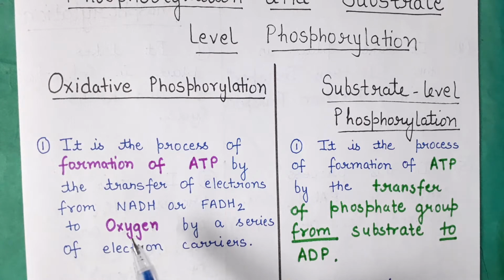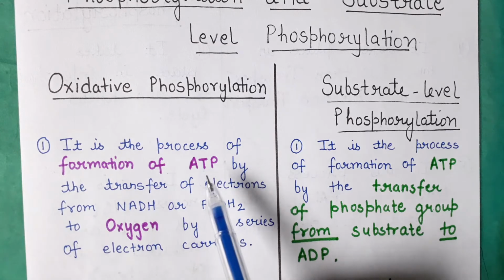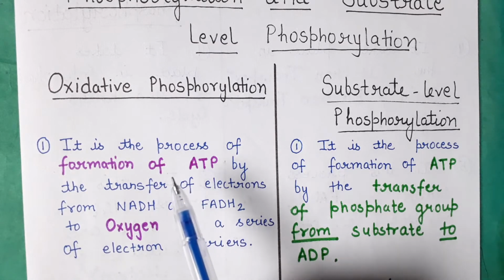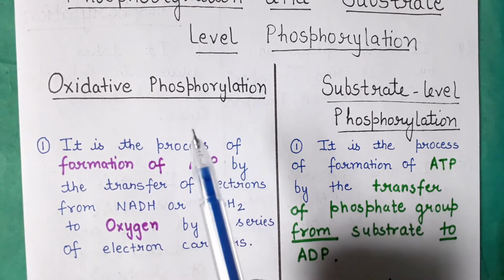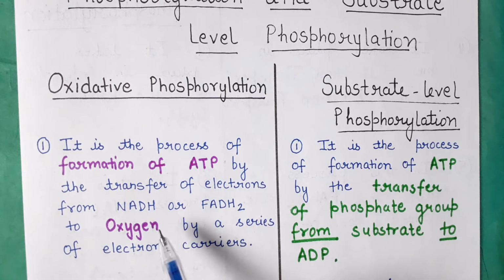During this process, free energy is present in the form of a proton motive force that is ultimately converted into ATP by the enzyme called ATP synthase. That's why this process is called oxidative phosphorylation, the formation of ATP in the presence of oxygen.